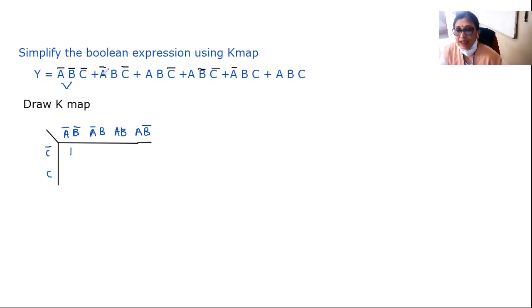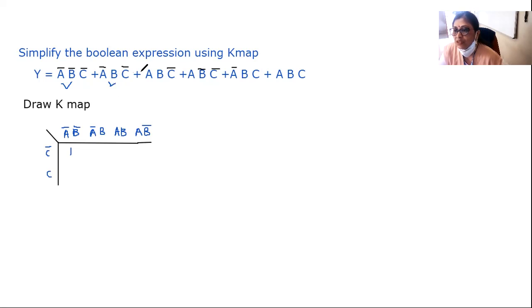Okay. What is the next term? A bar, B, C bar. So this location is A bar, B, C bar. And in this location, as the term is present here, we have to write 1.